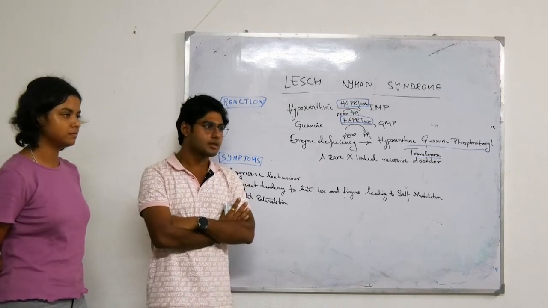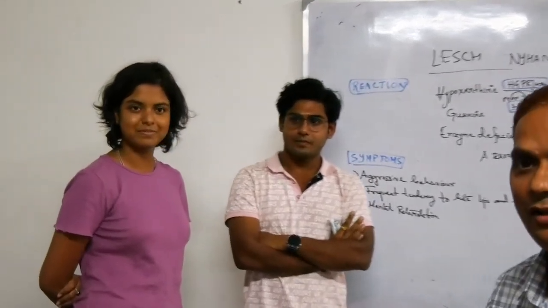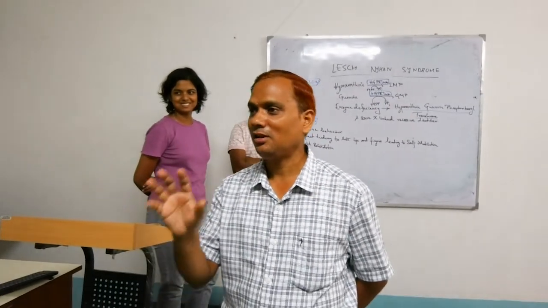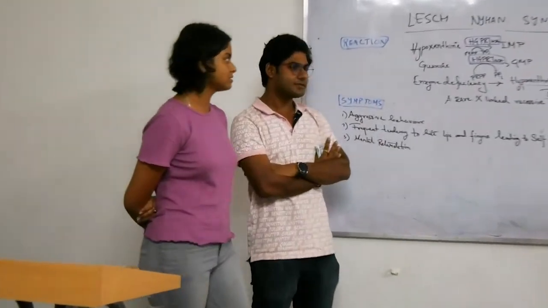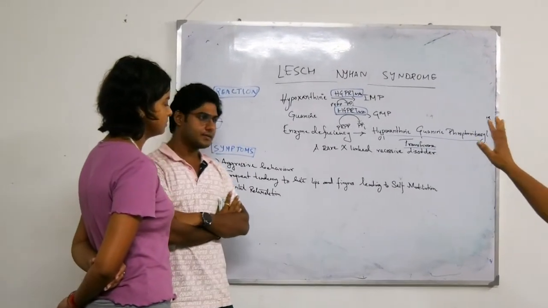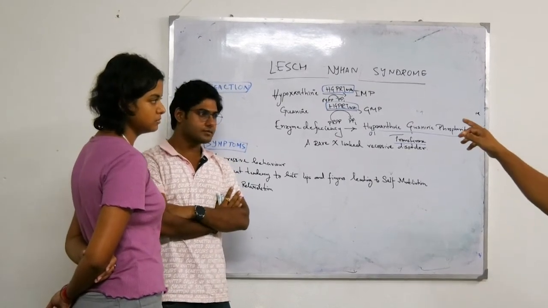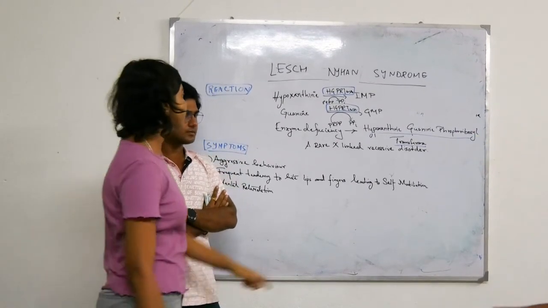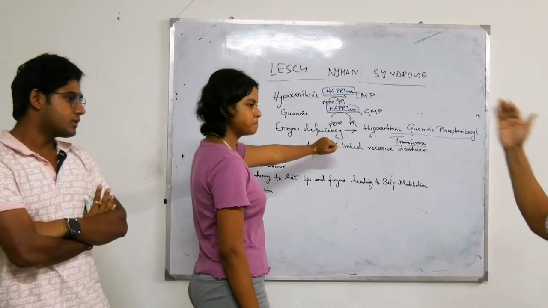He is asking, if hypoxanthine is converted to IMP by HGPRT, and suppose enzyme deficiency is there, so the IMP process is not there, how does it lead to the disease?